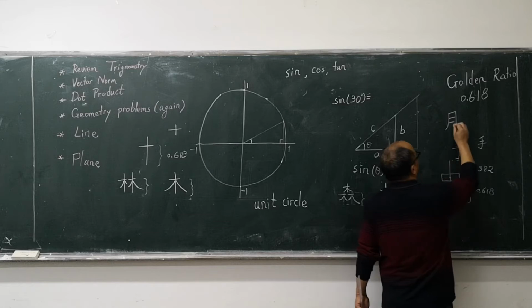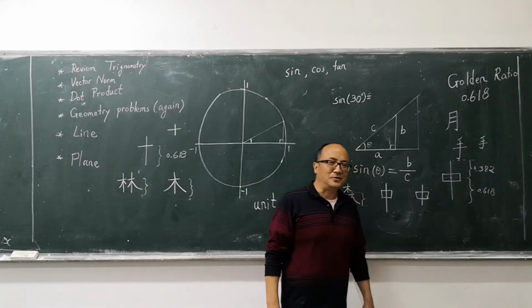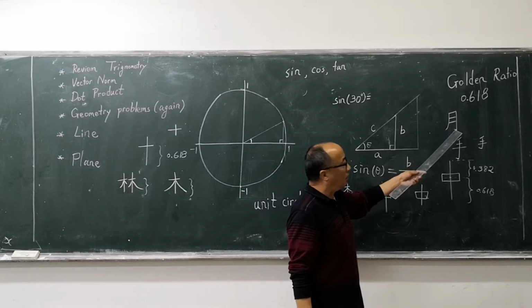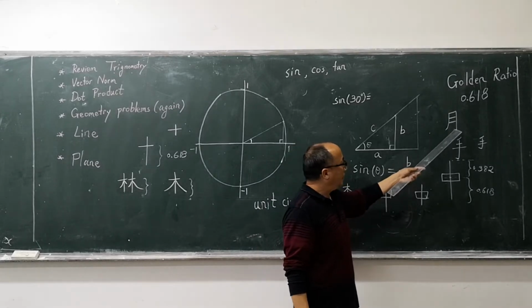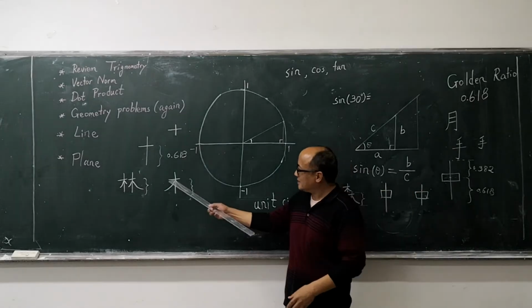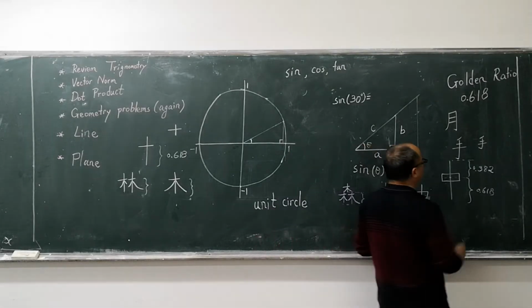What's this word? Moon. 对, 月. And this needs to be long. Like this needs to be long. Like this needs to be long.